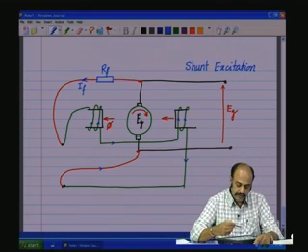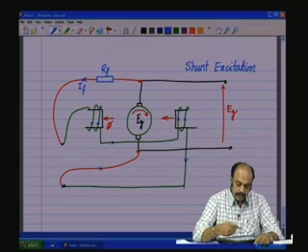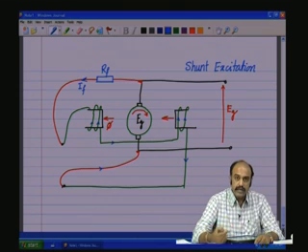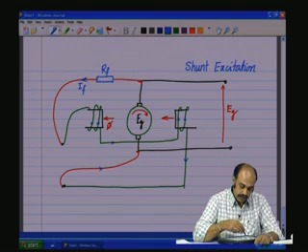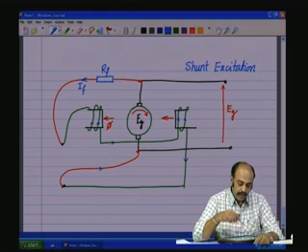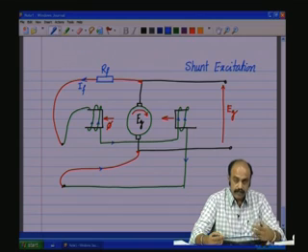Now, in this shunt excited machine, the field current is taken directly from the induced EMF of the machine. Which means that if the induced EMF changes due to the loading effect, the voltage seen by the field coil will also change, and therefore IF will change, and therefore the flux or the field in the machine will change, thereby changing the induced EMF further.